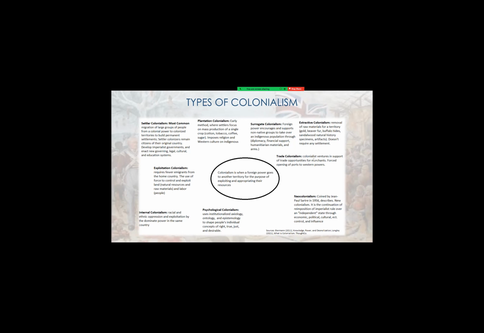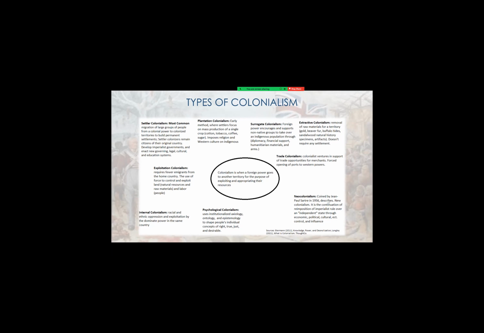Trade colonialism is colonialist ventures in support of trade opportunities for merchants, with the forced opening of ports to Western powers. So this happened in Africa, the Congo, the Niger River, all become spaces for ports for Western power. This also happens in India, in the early stages of colonialism in India.